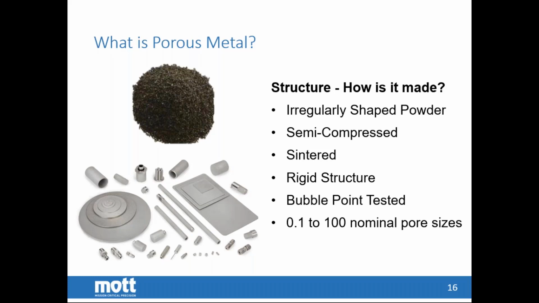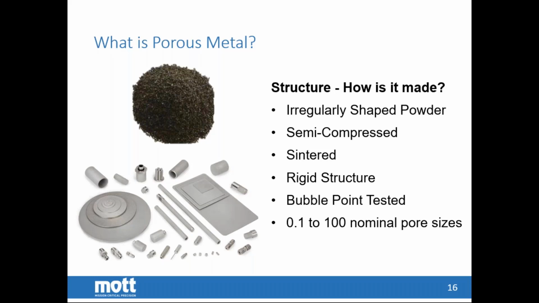We test that rigid structure using a bubble point test to verify that it's giving us the correct pore size we're looking for. And our range of pore sizes really runs from 0.1 up to 100. That's really our complete range for porous metal that we manufacture here.